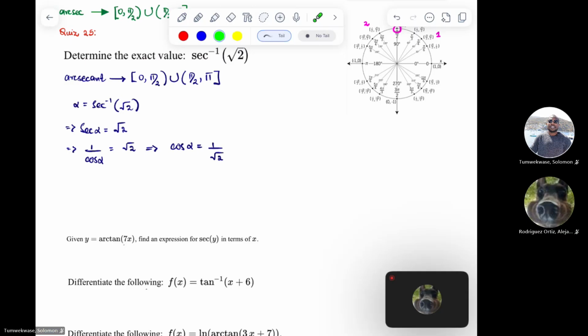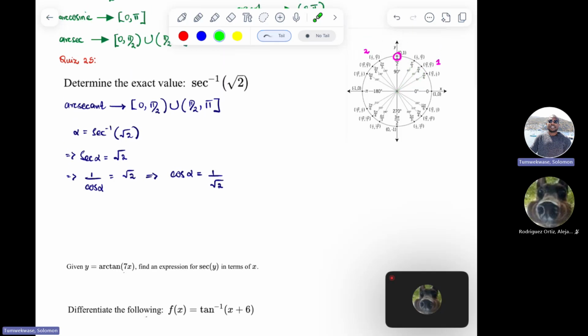So since I have changed to cosine, you could determine alpha from here. If you change to cosine, then you know that the range of arc cosine, or the restriction of arc cosine, is 0 to pi, and it remains the same thing right here. So it is in these 2 quadrants, but cosine of alpha is positive, and therefore we are very sure that we have to find that angle in the first quadrant.